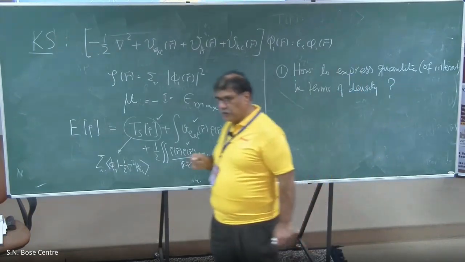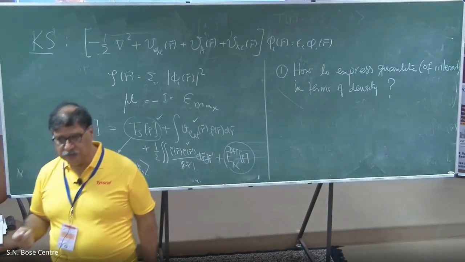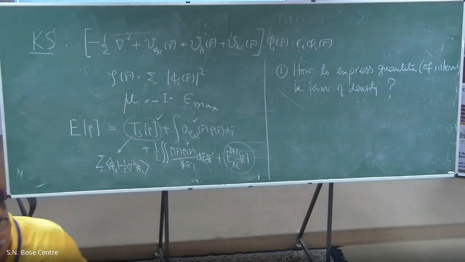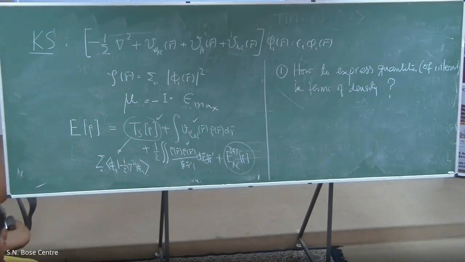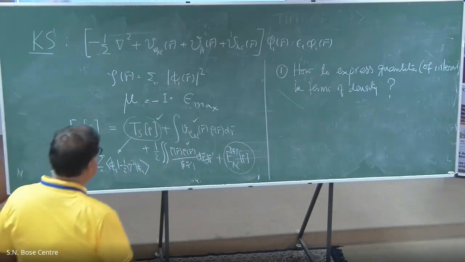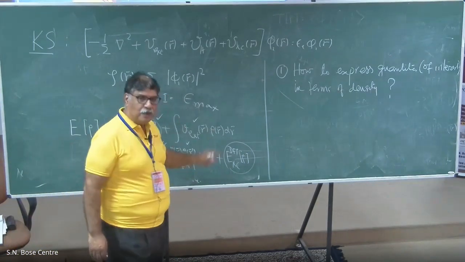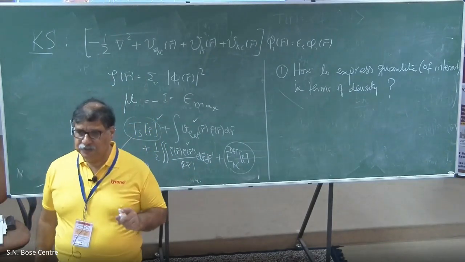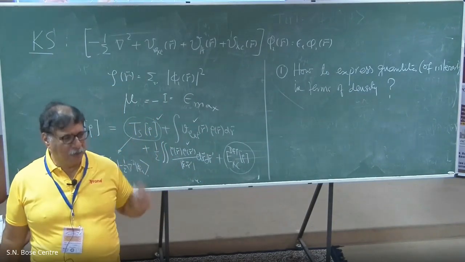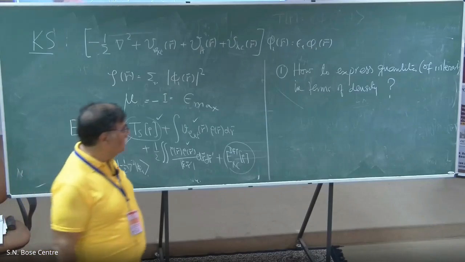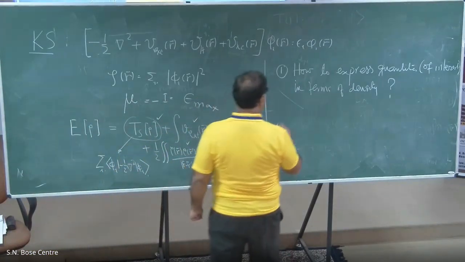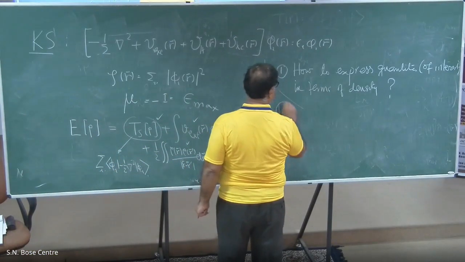So all you're doing is writing things in terms of density. Even if I could solve the Kohn-Sham equation exactly, I still cannot treat this set of orbitals as a wave function. I think that approximately it may be an orbital. So that's one thing.